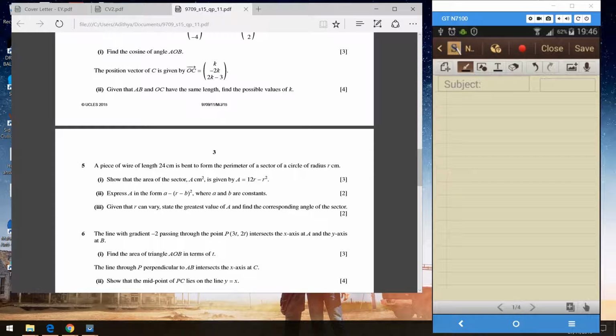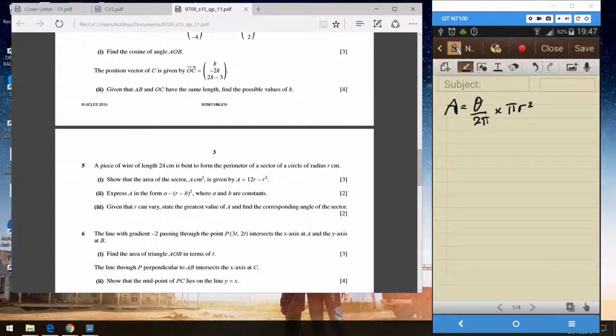So the first step here is to express the area of the sector of the circle. The area will be equal to theta, which is the angle in radians, divided by 2 pi, and all that multiplied by pi r squared.